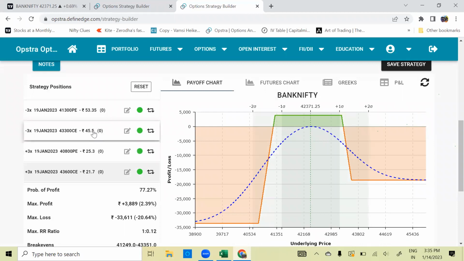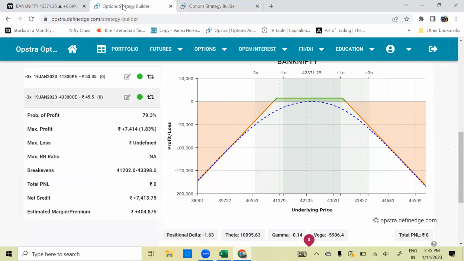We have sold about 98 to 99 rupees, but we are spending close to 46 rupees more, almost half of it, on the hedge in the iron condor. That is the only disadvantage in the iron condor, that we need to spend good money on hedges. So we will see what the effect is on this trade if VIX goes up and the market also goes down 400 to 500 points.